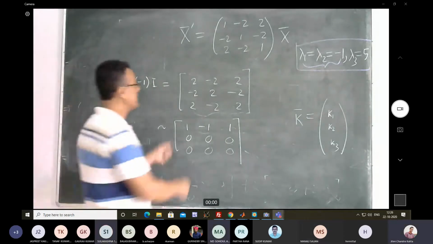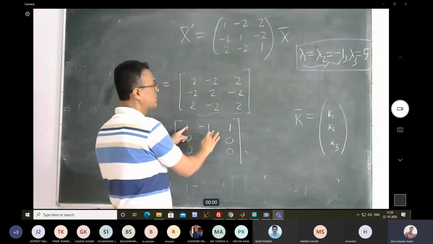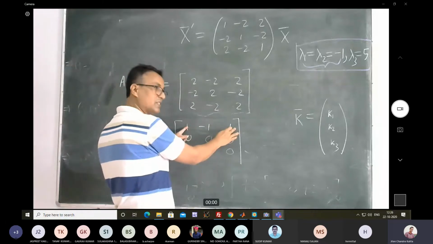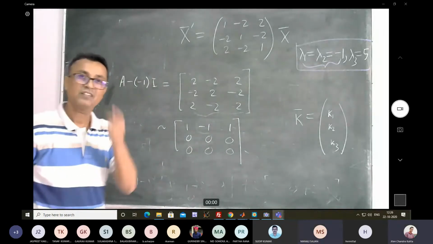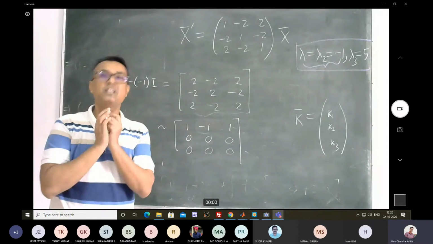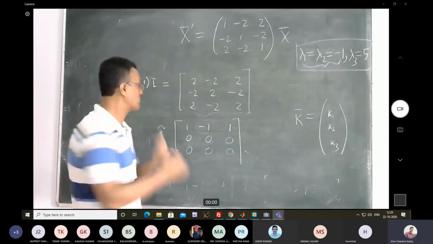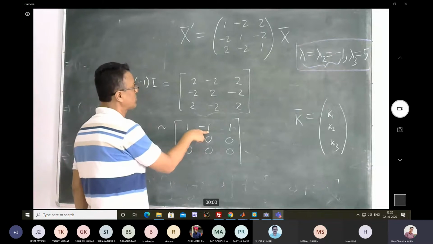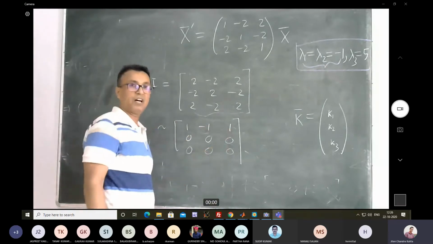Right? And secondly, you can say k1 equal to 0, k2 equal to 1, k3 equal to 1. Is it okay? Yes, sir. Fine? And please remember, they are not the only choice. You can have some other choices also. Don't worry about it. I could have chosen these to be equal to 0, these to be equal to 1, this to be equal to -1 also. That would also have given me an eigenvector.